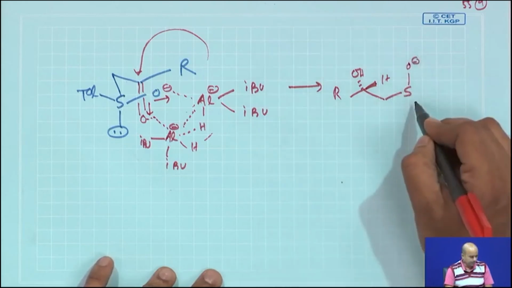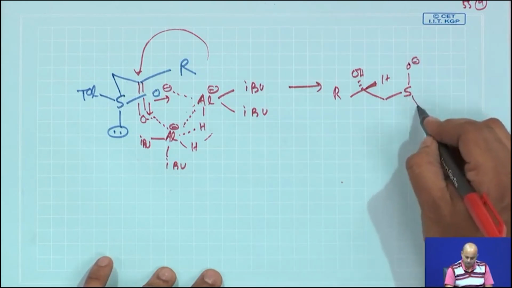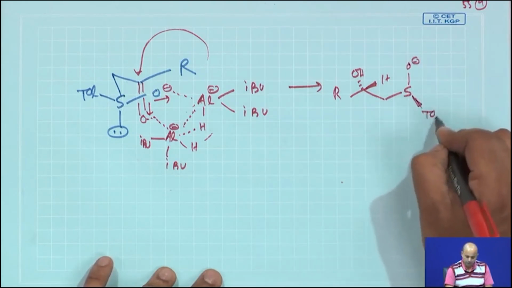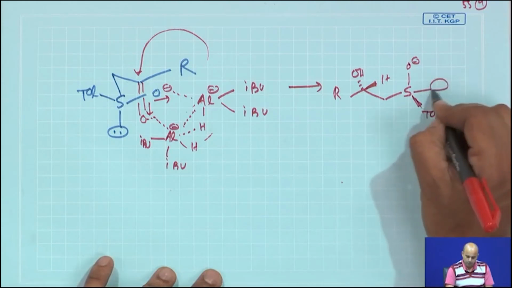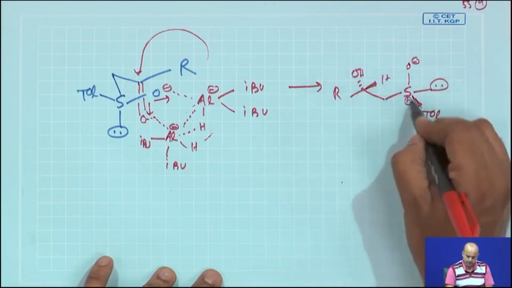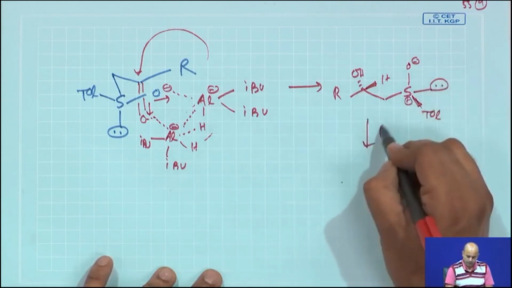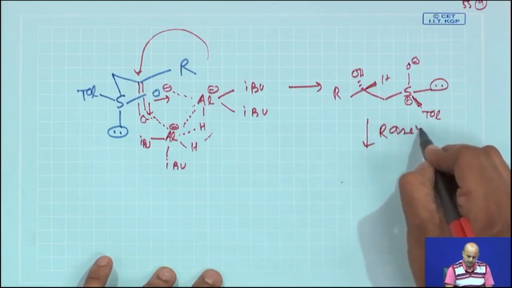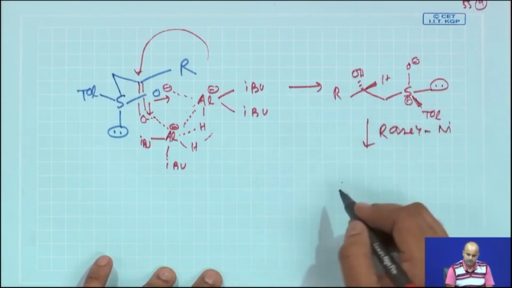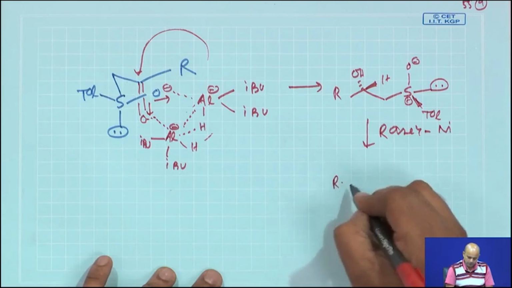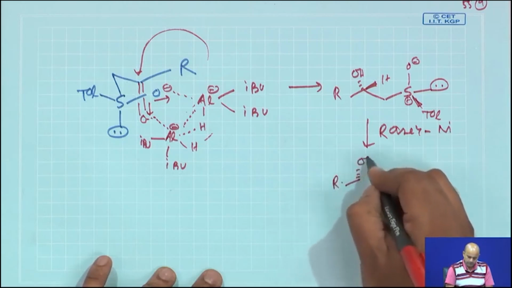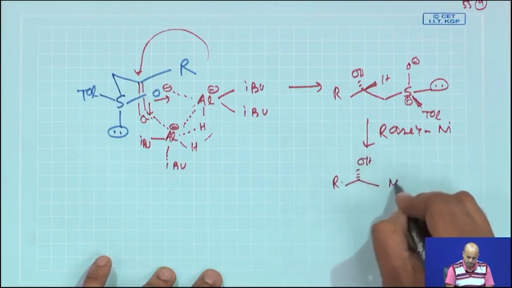Now your remaining part is all similar, your toluene group, your sulfoxide lone pair, S plus. Now, you are doing a Raney nickel treatment, Raney nickel cleavage, which basically gives you this OH methyl.